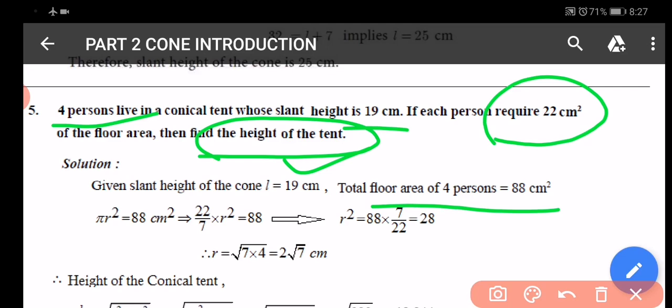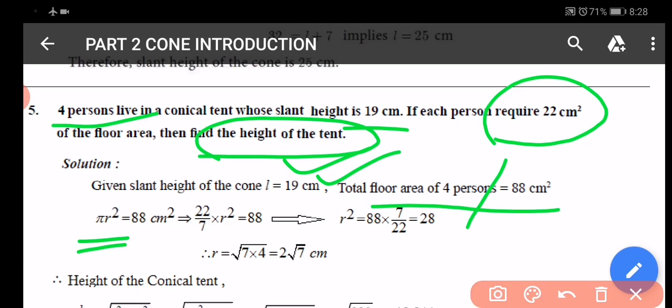The height of the conical tent. So we need h. But the area of the base is given, and in the area of the base there is only the radius, and L is given. So first we have to find the radius of the cone. Next we are going to find the height of the tent.